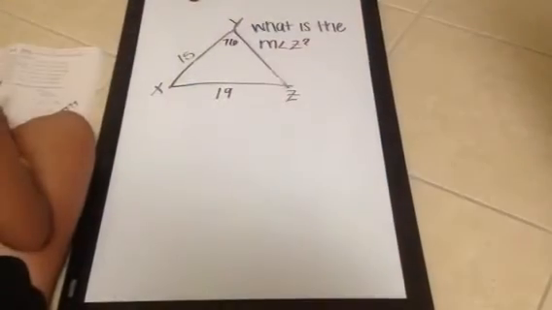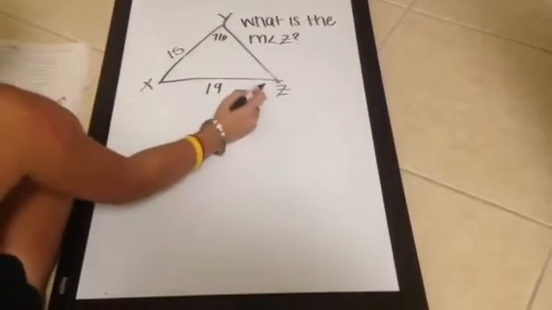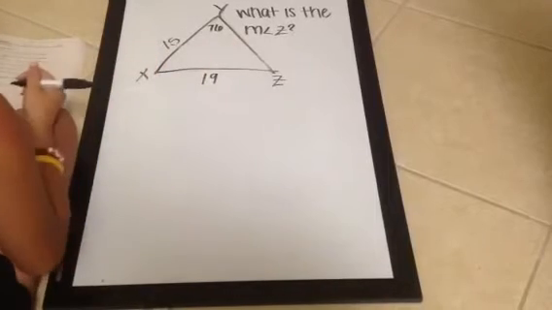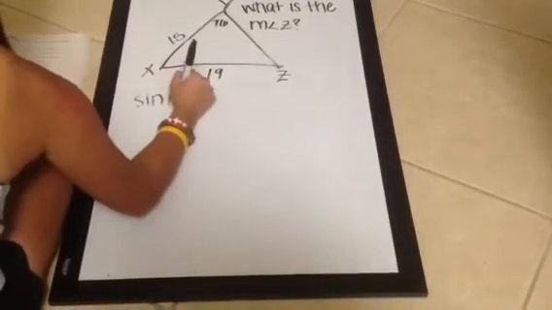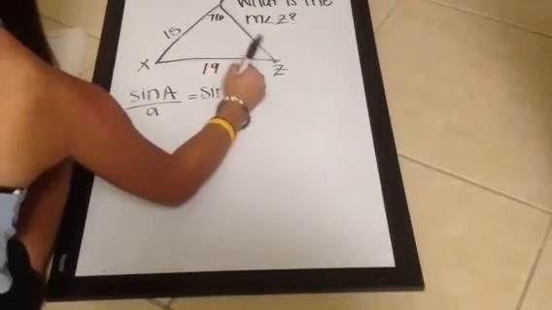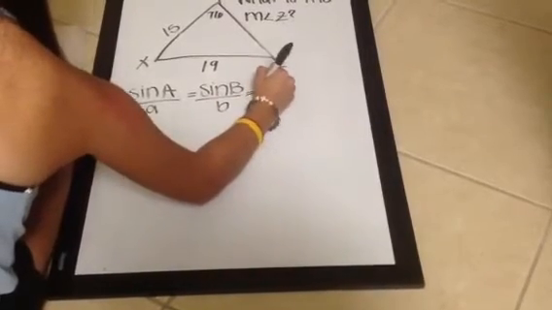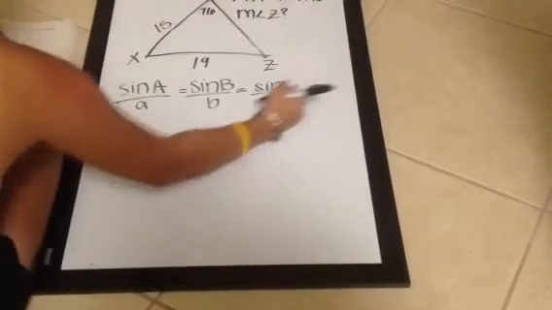And I'm going to do problem 4 on page 219 in the workbook. 4 is asking us what the measure of angle Z is. So we're going to have to find the measure of this angle. We're going to start off by writing sine big A over little a is equal to sine big B over little b is equal to sine big C over little c.